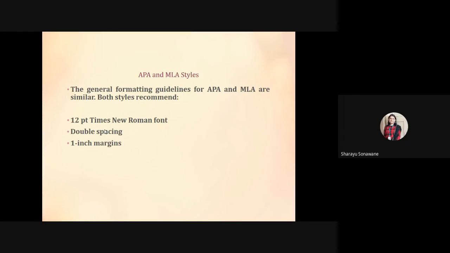You can also use Calibri. These fonts are expected to be used in your project. You have to use double spacing and a 1 inch margin. So this is a common guideline for APA and MLA styles.